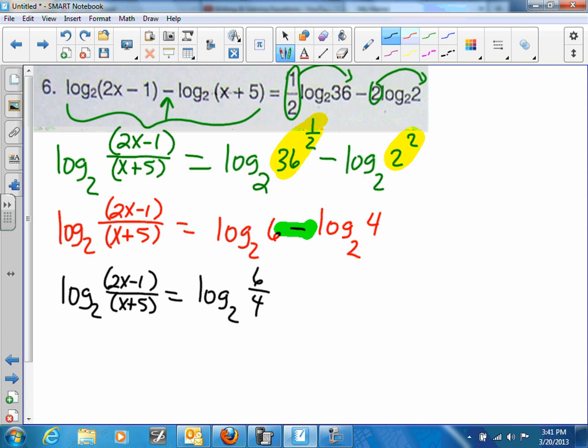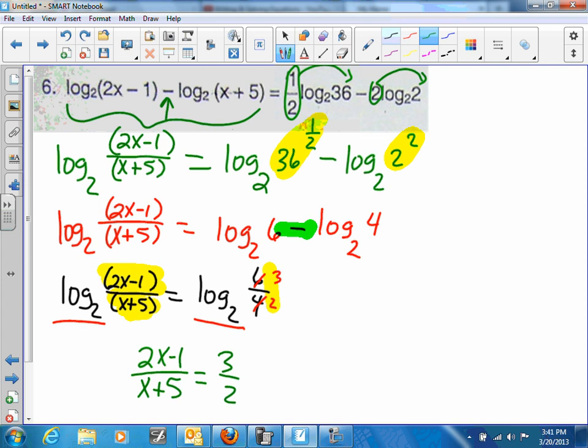Now, remember, 6 divided by 4 reduces down to 3 over 2. So now look what I have. I have a log base 2 equal to each other. So I simply am going to take this and this and put it equal to each other. And what I end up getting is 2x minus 1 over x plus 5 equals 3 over 2.